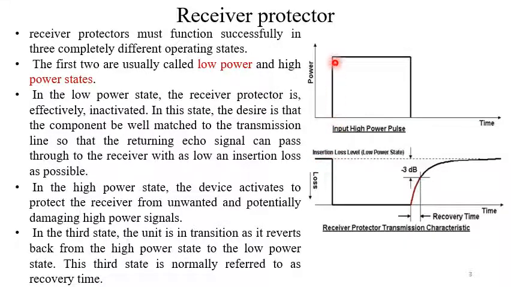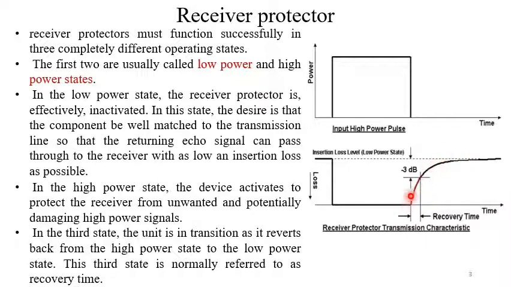Then suddenly when the transmitter power is at its peak, the loss will increase, and it will continue with this high loss up to this point, and once the high transmitter power ends, the protector should come back to its original low loss state, but it takes some time.